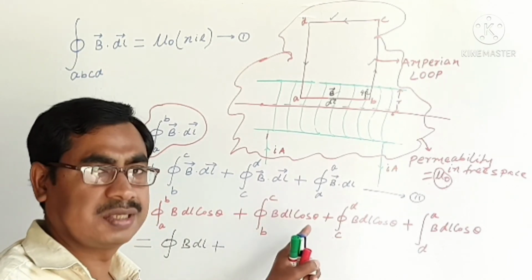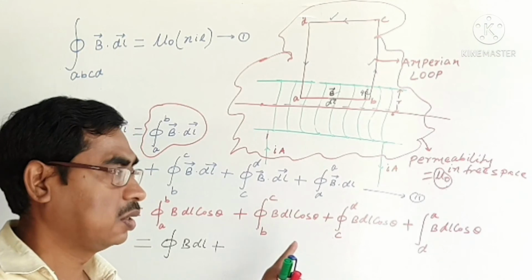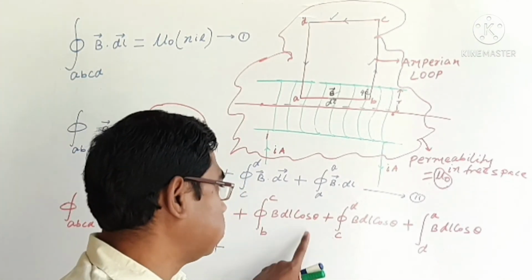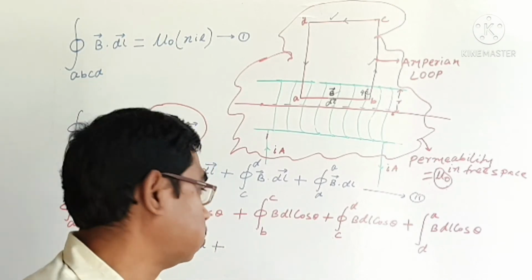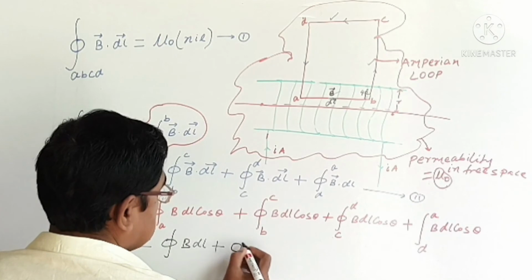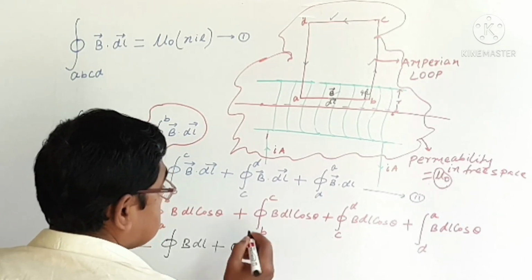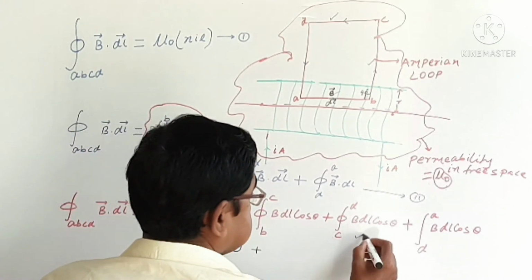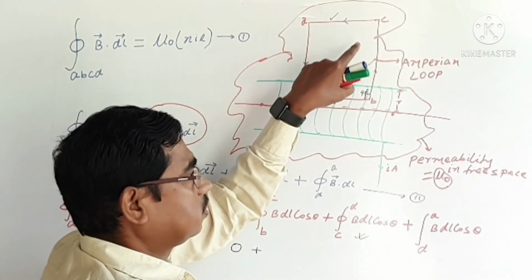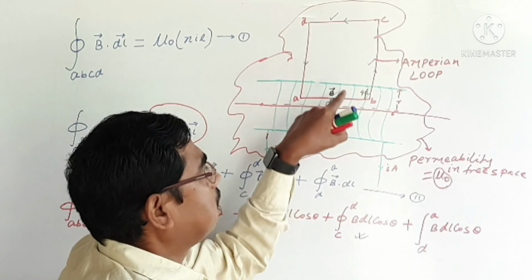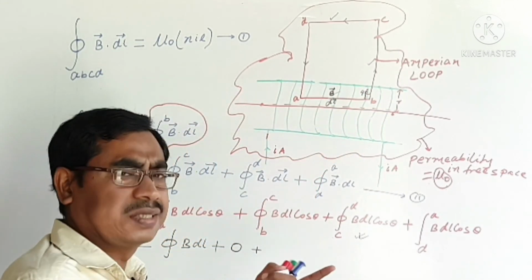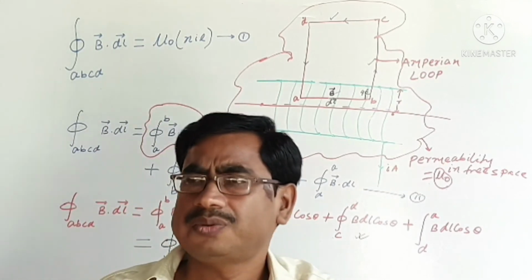So cos 90 is equal to 0, and 0 multiplied by something is 0. So this value should be 0. And for C to D, this part is very far away from this solenoid, so there exists a feeble magnetic field which can be ignored.